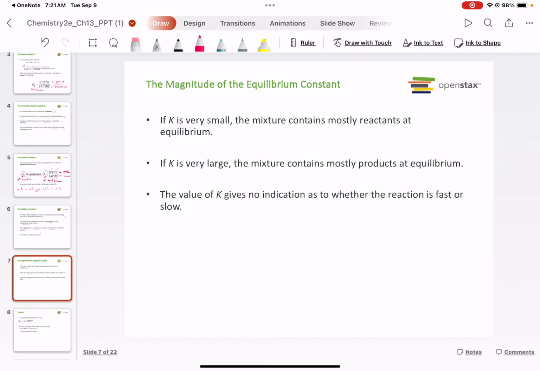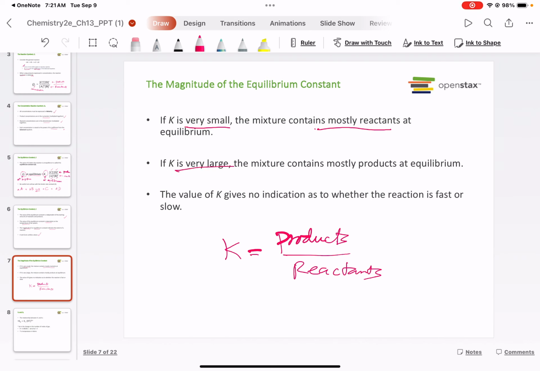Now, if K is very small, remember K is product over reactants. If that ratio is very small, we don't have much product, so it's mostly reactants. The denominator is the reactants. If K is really small, we have a big denominator, which is a lot of reactants.